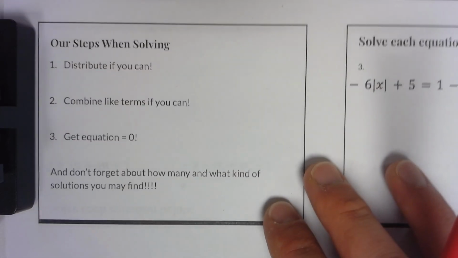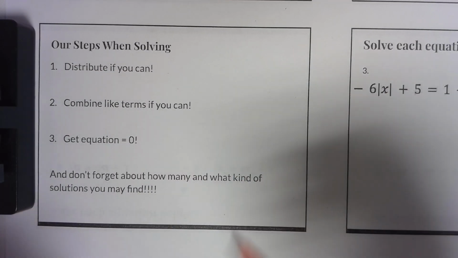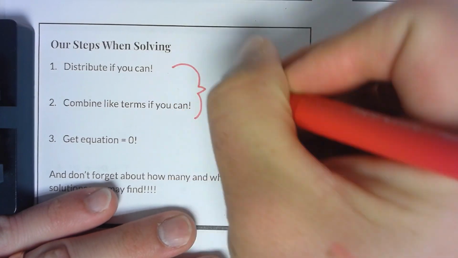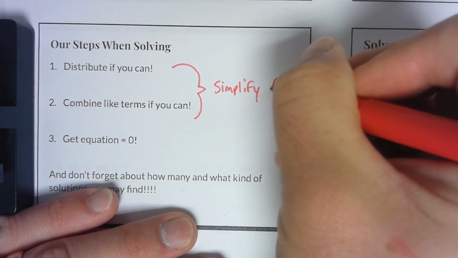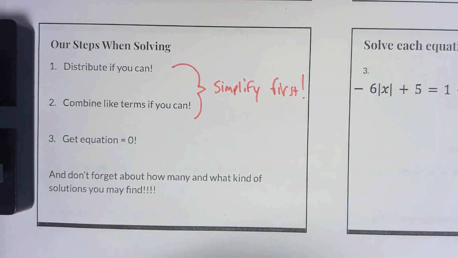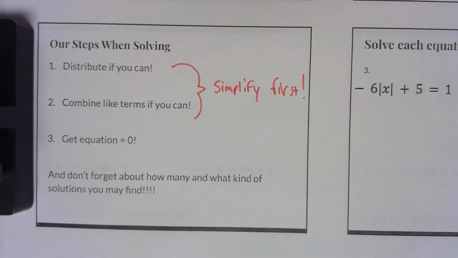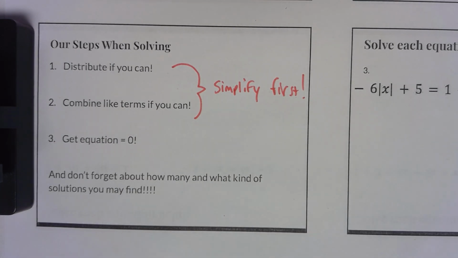And the other thing that's really important is we still want to simplify both sides to start. So if there's any opportunity to distribute and any like terms that show up on one side of the equal sign, we want to combine those rather than just move them.